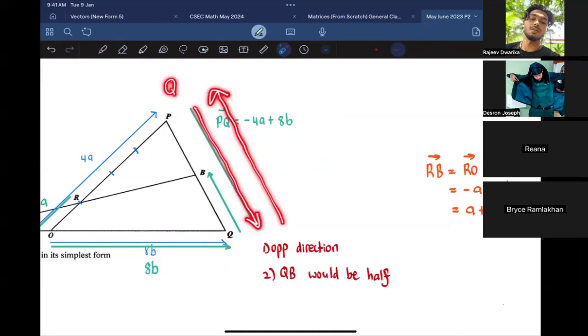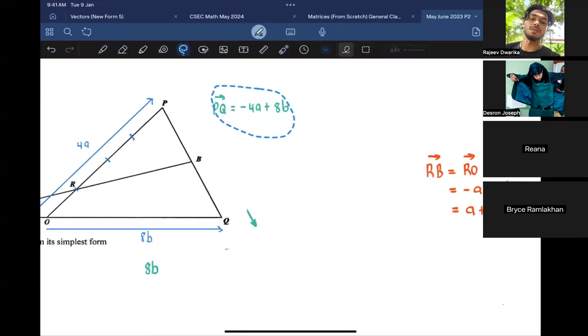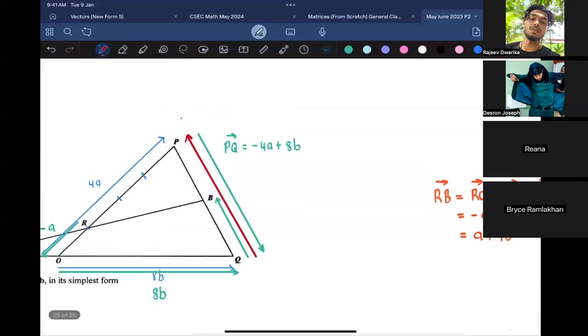Q to P. Yeah, right? So actually I have to explain it like that. P to Q is minus 4A plus 8B, right? You understand that? Yeah. So what would Q to P be? If I go in the opposite direction, the sign's going to change.